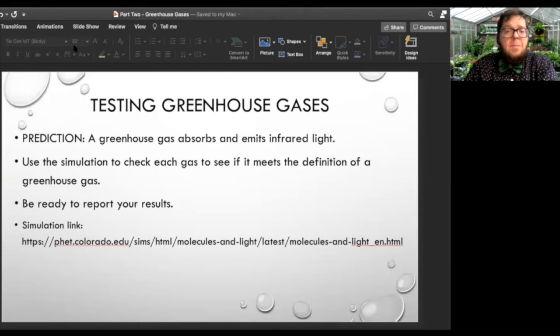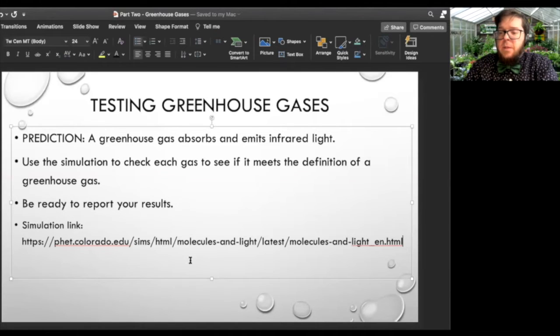And there is an amazing simulation that is going to allow us to explore this for ourselves. So I'm going to take this simulation link and put it into the Zoom chat because I want you, yes, you, to try this.